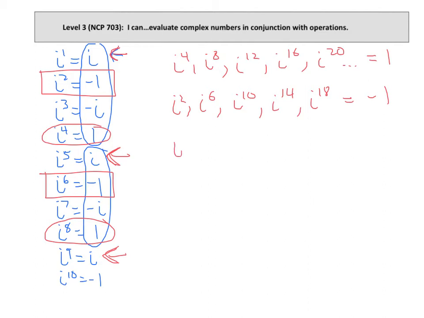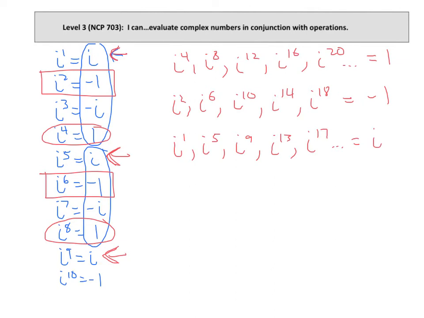So i to the first, i to the fifth, i to the ninth, i to the 13th, i to the 17th, and so on. These will all just equal i. And these exponents are all one more than a multiple of 4.